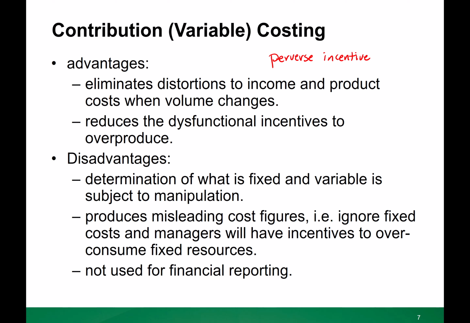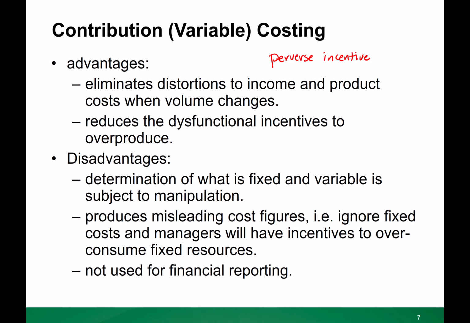Okay, well, all you need to do is produce more units such that your fixed cost per unit is less and you can decrease your product cost per unit. So you're actually doing something wrong because you don't need those extra units. But now if you can just increase the number of units you're producing, you can really easily get your bonus.